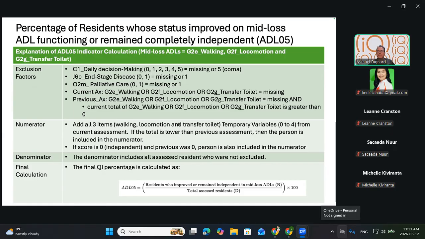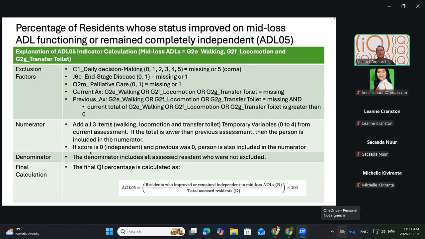So if they have decreased, that means they've improved, right? The lower the number, the better they are performing. So if the number is lower than previous, then they have improved. So they will be part of the numerator.